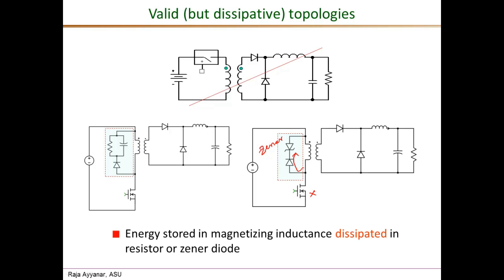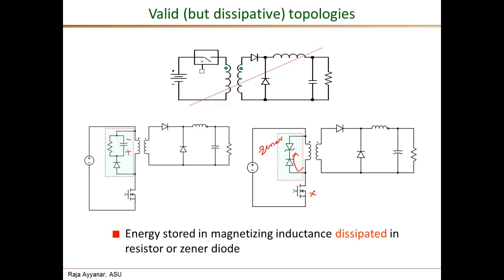So in both the circuits, the energy stored in the magnetizing inductance is actually dissipated in the resistance in the first case and in the Zener diode in the second case. And we can also verify that in the case of the first circuit, when the diode conducts, we apply this capacitor voltage, which is actually positive on the lower end, negative at the top.